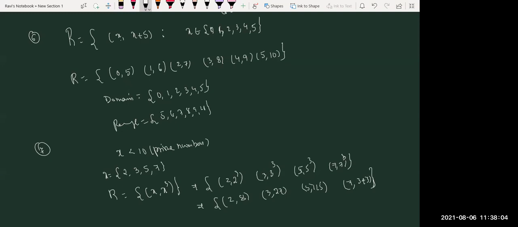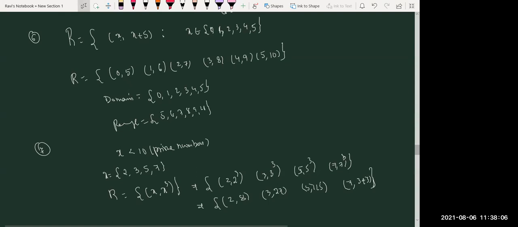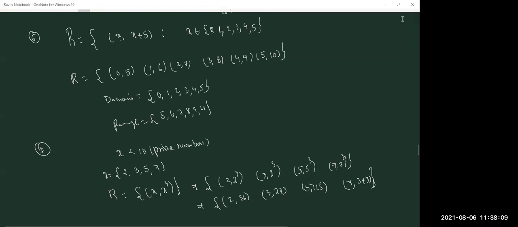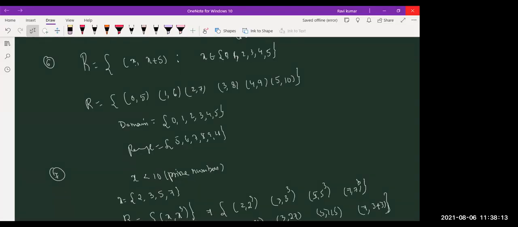Others also understand or not? Respond, please. Geetika? Understood, sir. Monica? Yes, sir, understood. I know only some students' names. I'll try to remember the names. Darshan? Rohan? Jyoti? Aditya?